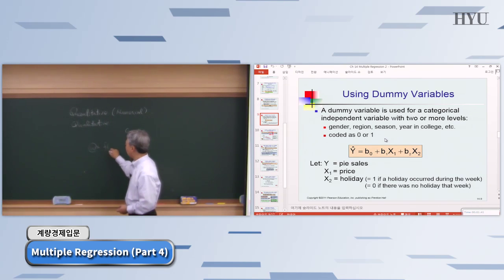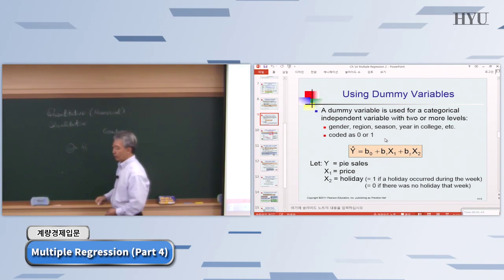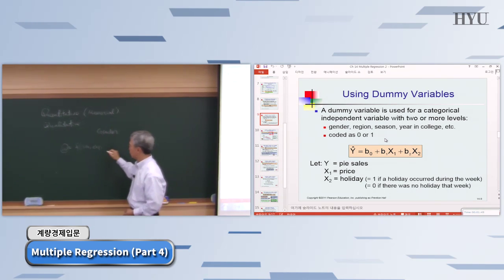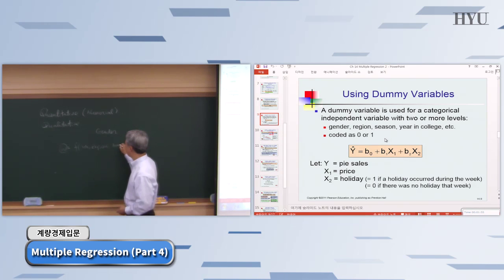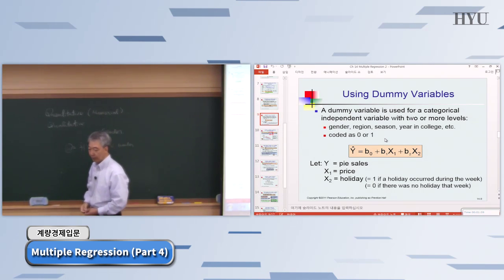And on the right-hand side, I consider many independent variables like years of schooling, experience, the person's occupation, and so on. And gender is also an important variable in the earnings equation.